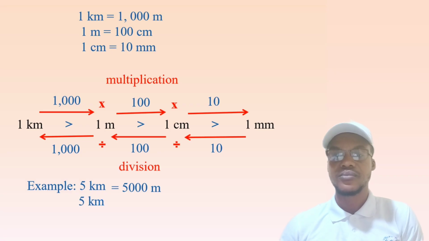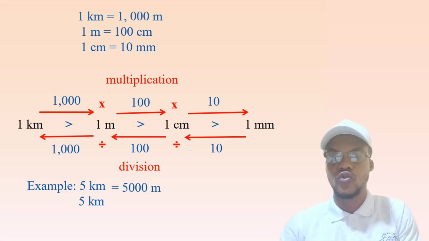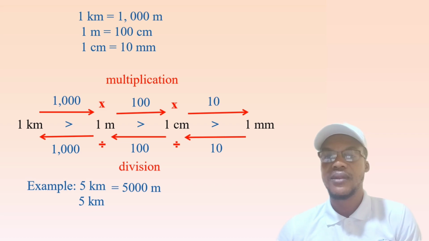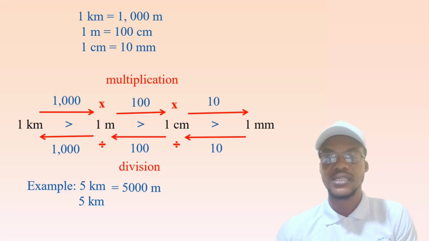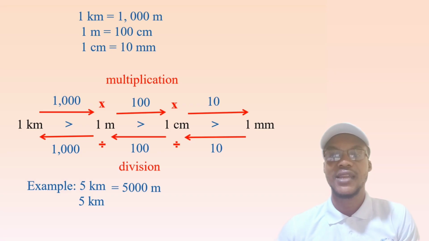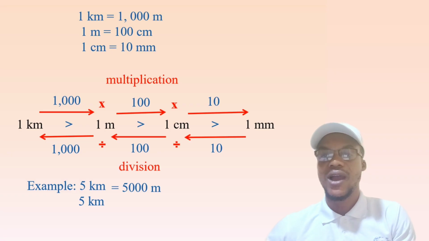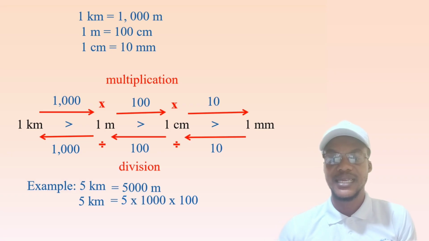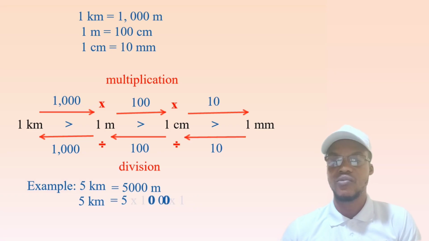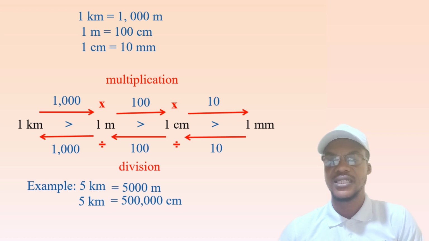What about if I want to convert the same 5 kilometers to centimeters? Before that, I have to pass through meters. When I was converting from kilometers to meters, I multiplied 5 by 1000. But to convert to centimeters, I multiply the 5 by 1000 and by 100 again, because I have to pass through meters. That gives 500,000 centimeters.